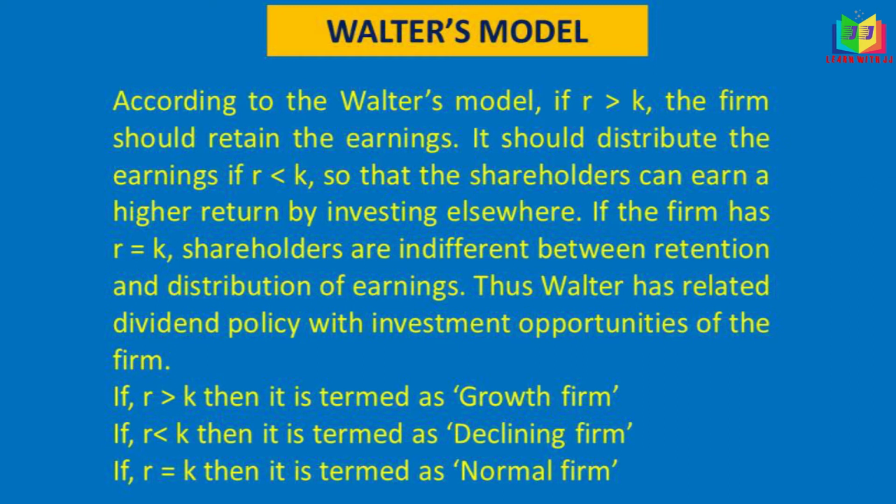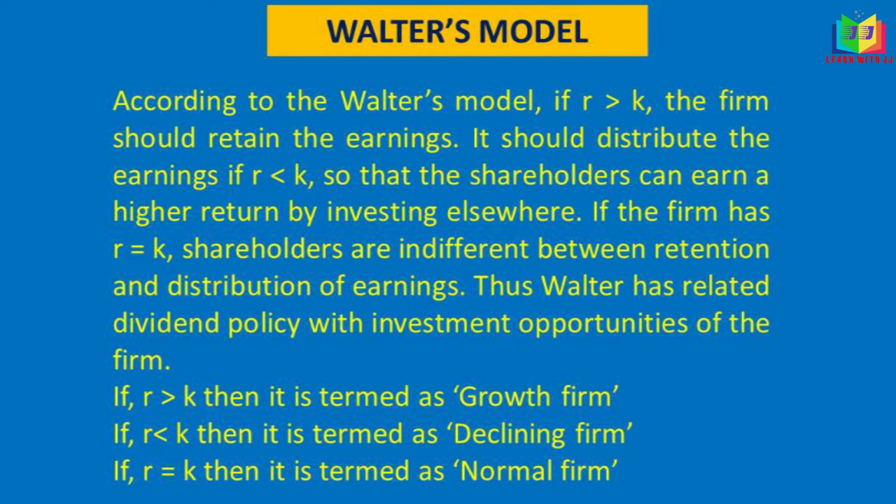If R is equal to K, then it is termed as a normal firm, and in that case shareholders are indifferent between retention and distribution of earnings. Thus Walter has related dividend policy with investment opportunities of the firm.